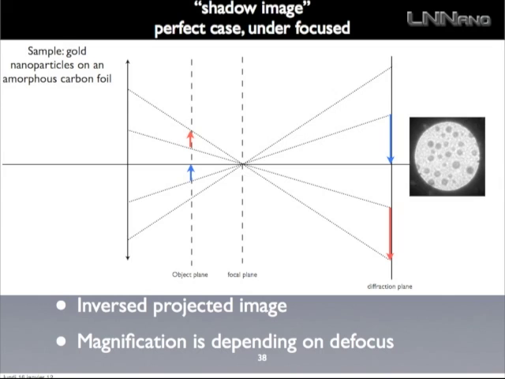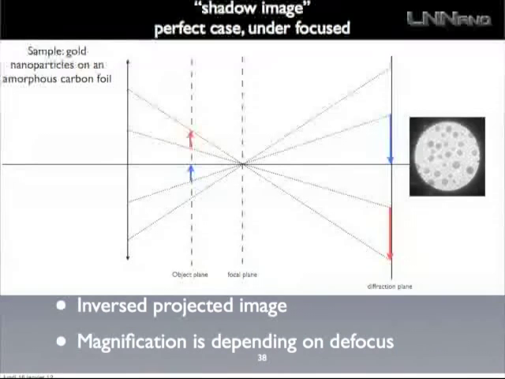So assume your sample is here, for example, and the focal plane is here. So you have under-focused your beam. You have put your focus after your sample, and it's a perfect case, perfect image, perfect lens, perfect STEM, and you try to understand what is the image of some object which is close to the axis.